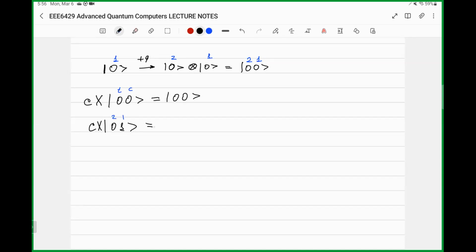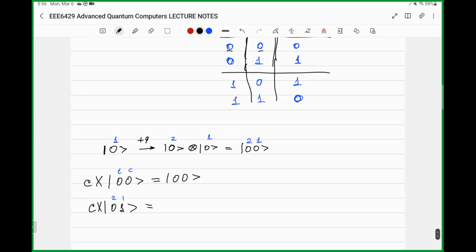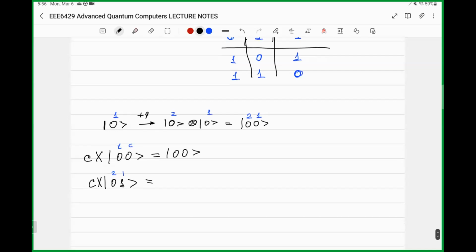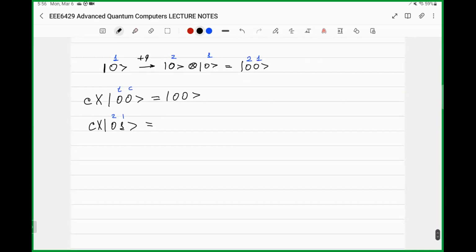In this case, my control qubit is 1, so I have to change the state of the second qubit. My second qubit is in state 0, so I have to change it to state 1 and leave the control unchanged. So the result must be state 1, 1.